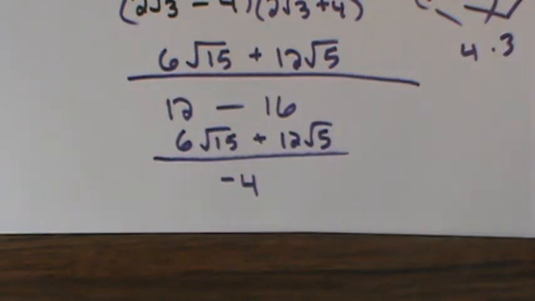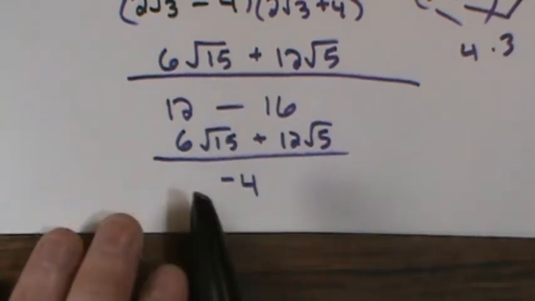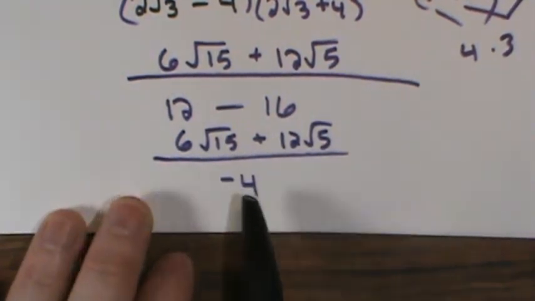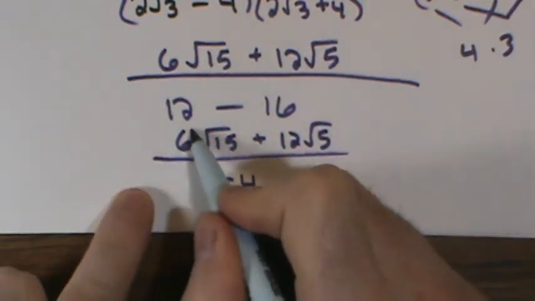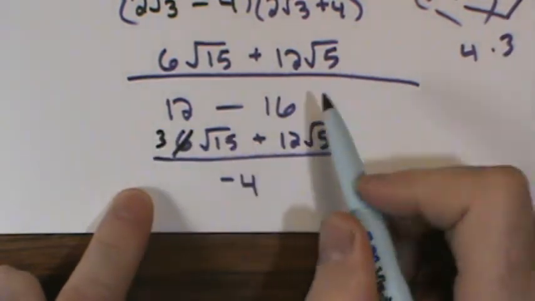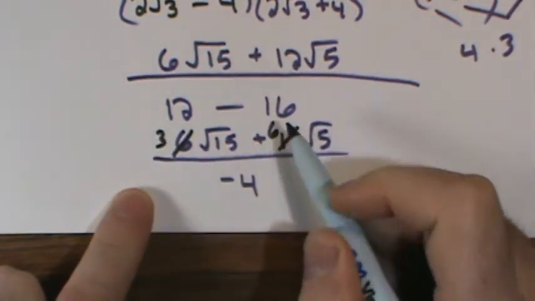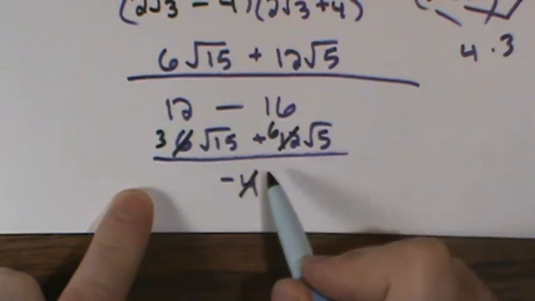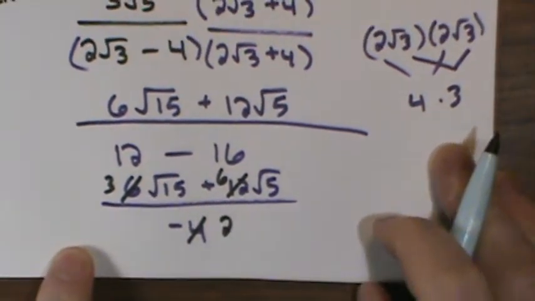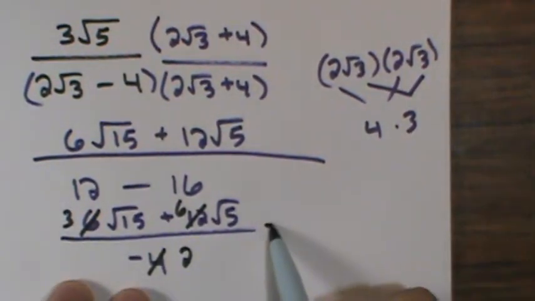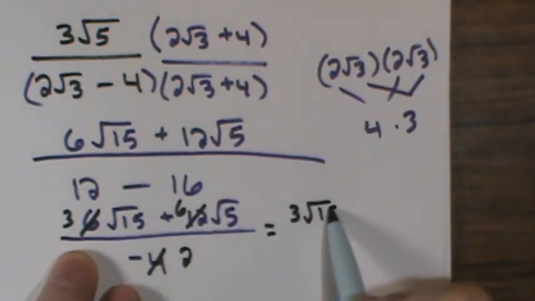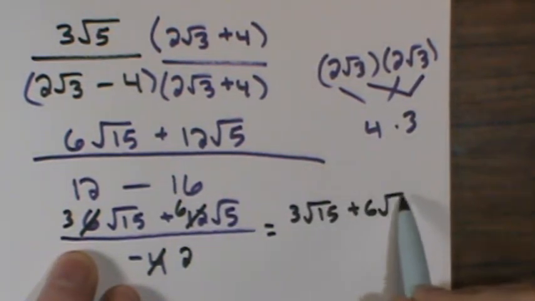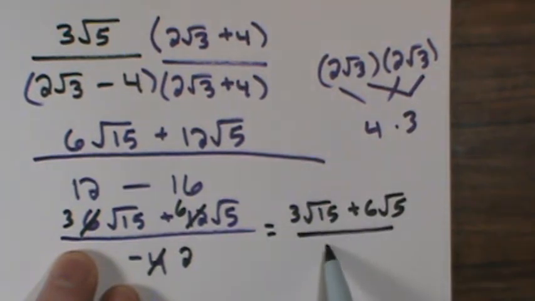And what I'm looking for is all or none. Do all 3 of these pieces have something in common? They can all be divided by 2. So I'm going to divide this 6 by 2 and get a 3. Divide the 12 by 2 and get a 6. Divide this 4 by 2 and get a 2. Which means an equivalent form to this could be 3 rad 15 plus 6 rad 5 all over negative 2.